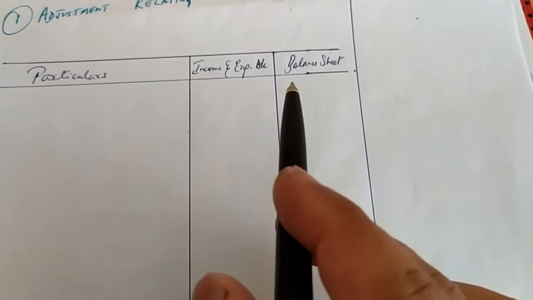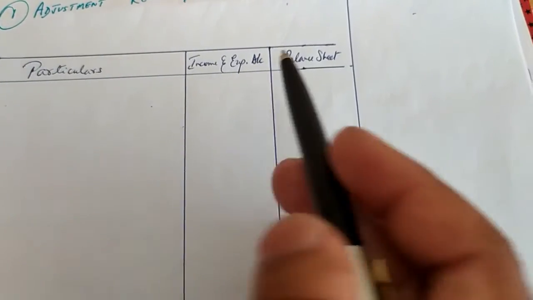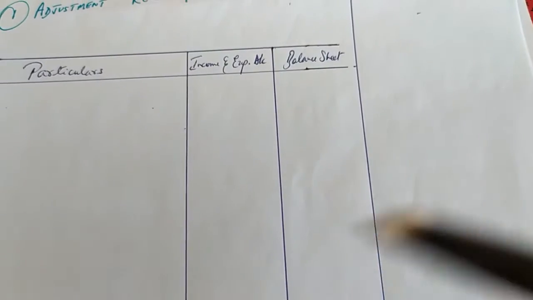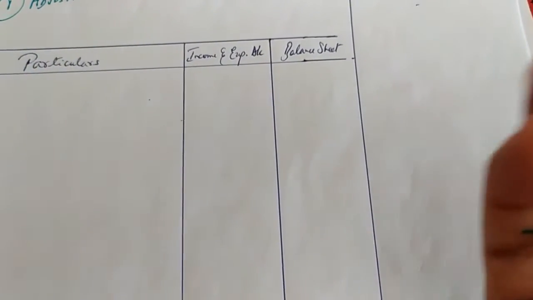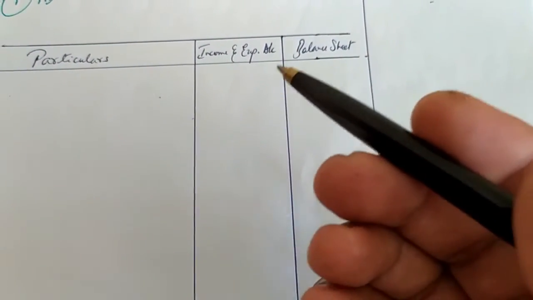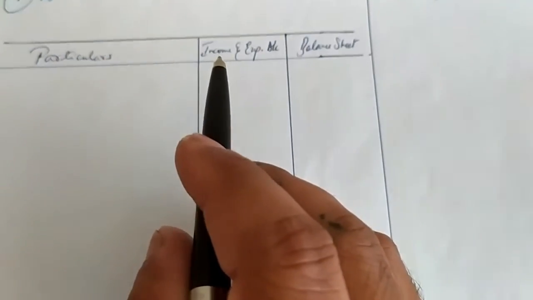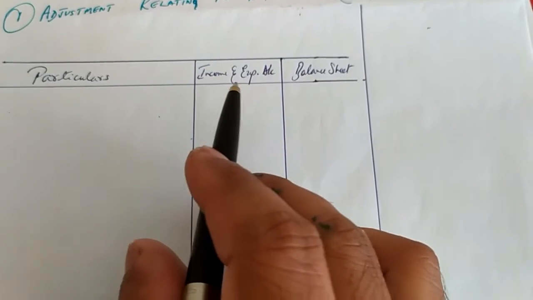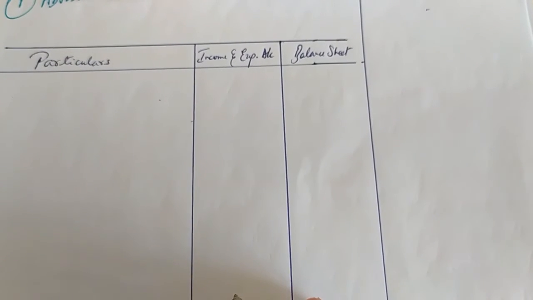But we are preparing this income and expenditure account with the help of the receipt and payment account, and in a receipt and payment account you are getting the receipts which may be for the previous year or which may be for the next year also. So we have to take the amount from there, and then with necessary adjustments we have to compute what shall be the exact amount of income.